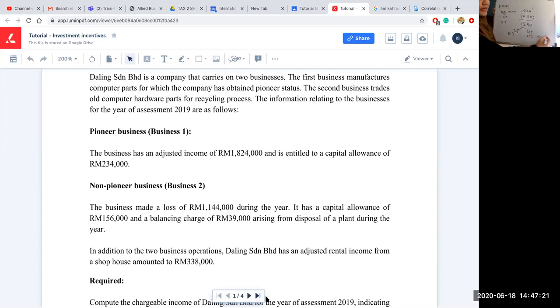This is what we know as deemed income. Later, when you do your tax computation, at the bottom you have your deemed income, which is 30% of your statutory income.